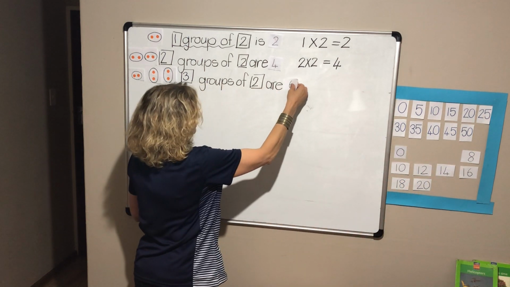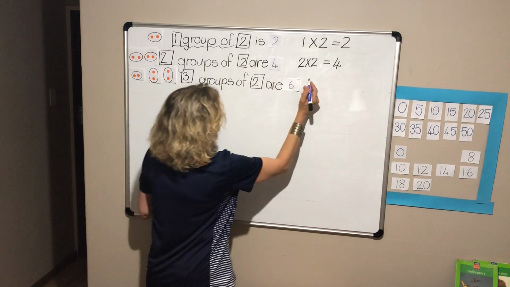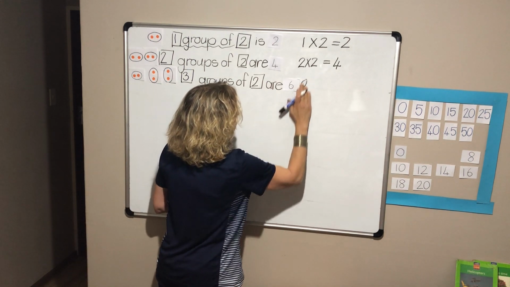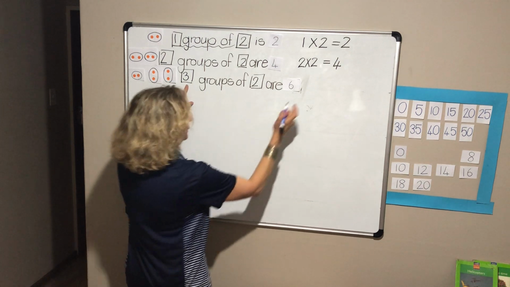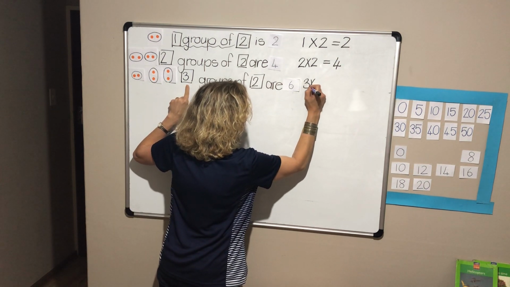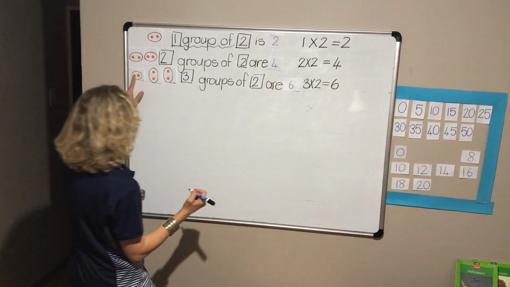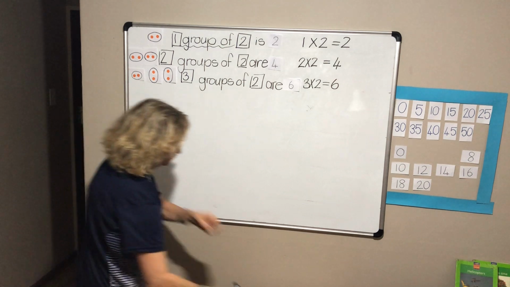Yes, 6. So we say 3 times 2. There's the 3. 3 times 2 equals 6. 1, 2, 3 groups of 2.